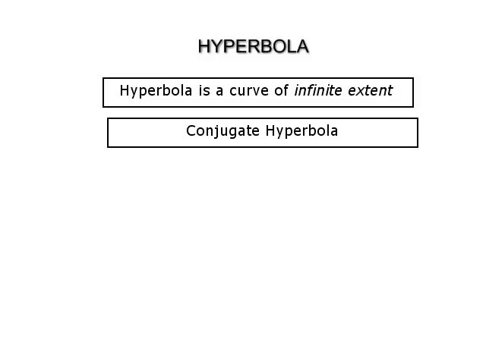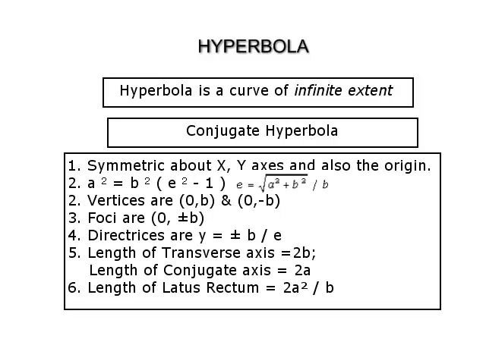The second hyperbola is conjugate hyperbola. Its equation is y square upon b square minus x square upon a square equal to 1. This is also symmetric about both the axes and therefore symmetric about origin. Here a square equal to b square into e square minus 1. Therefore e equal to root of a square plus b square upon b.